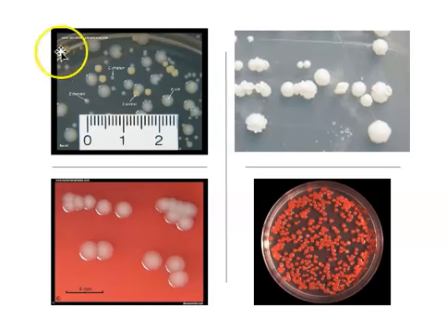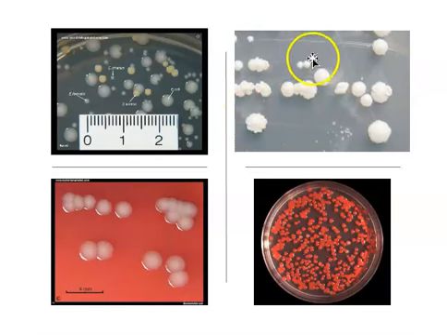Now, I want you to take a look at this plate here on the right. I want you to notice something about these colonies. These colonies look kind of strange. And by strange, I mean I can see some colonies that are quite smooth around their edge, and others that have sort of an undulating edge, an uneven edge.